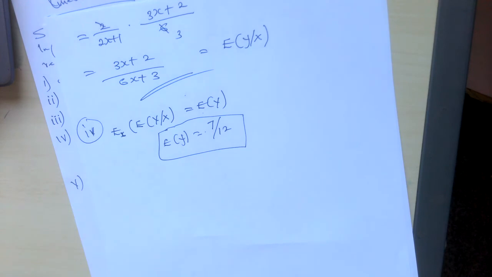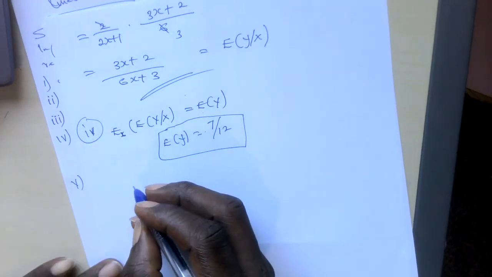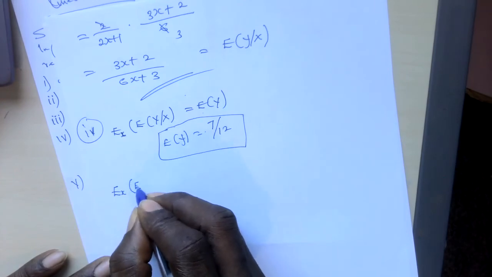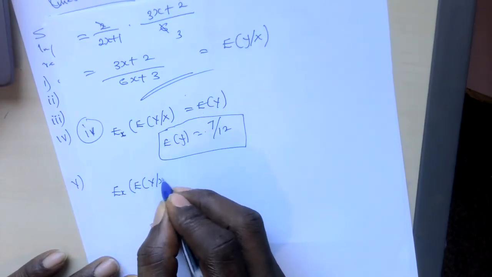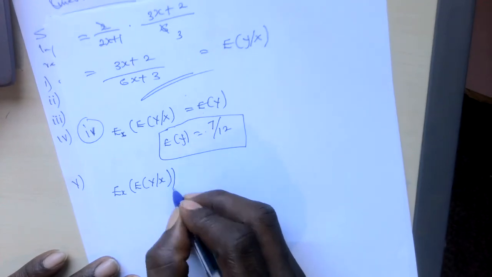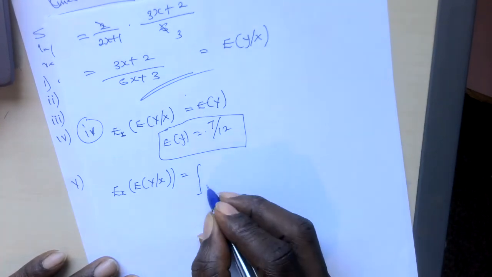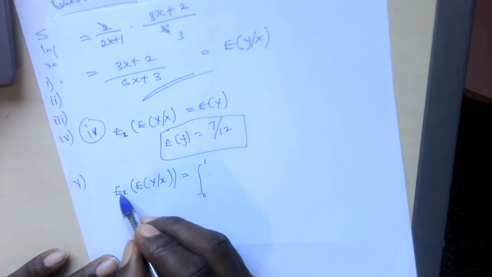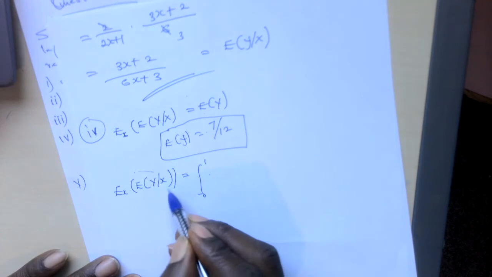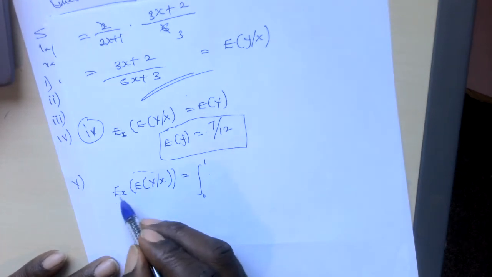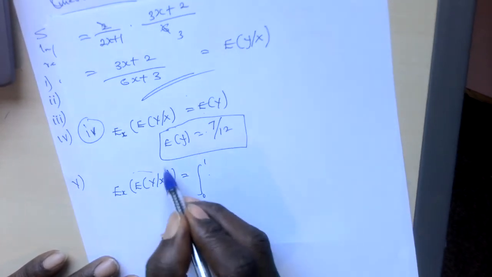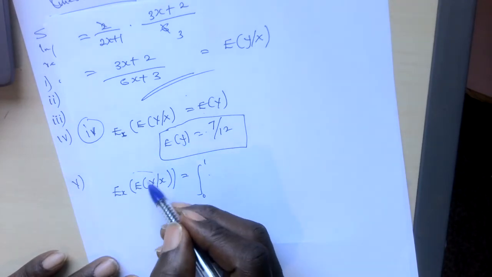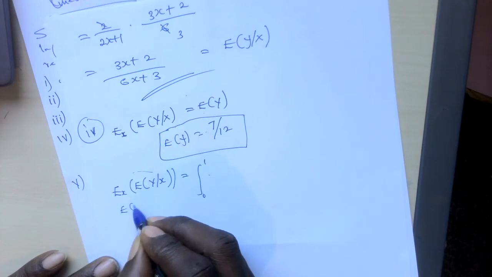So now let's go on. This equals the integral from 0 to 1. The expected value of this is more like your x when you say the expected value of x.